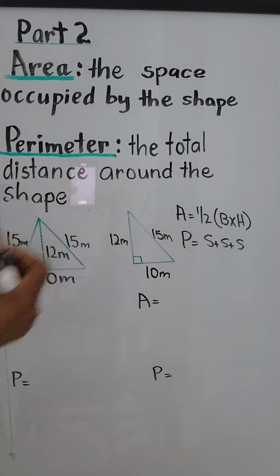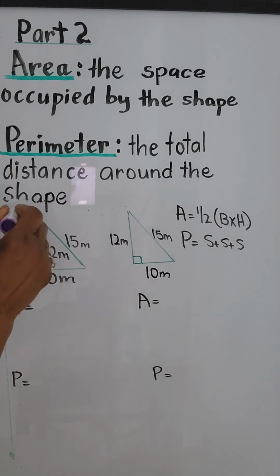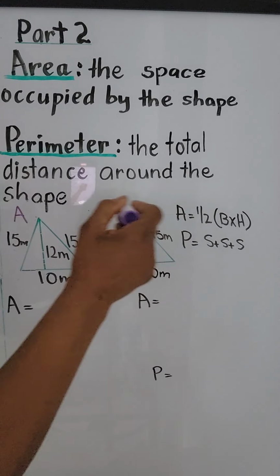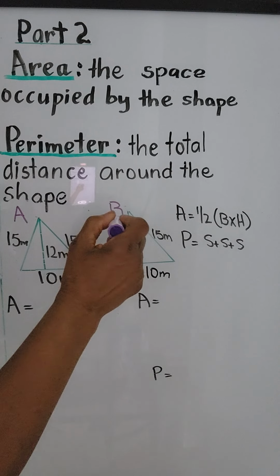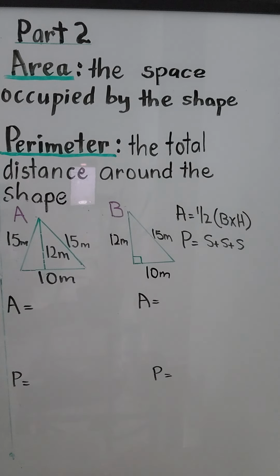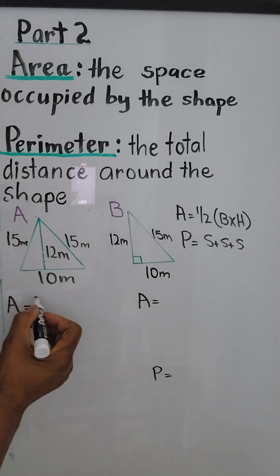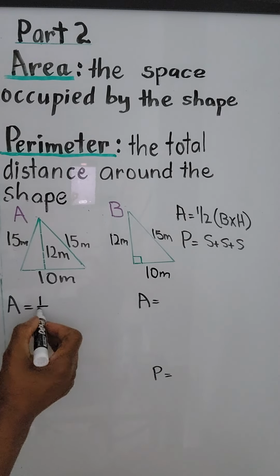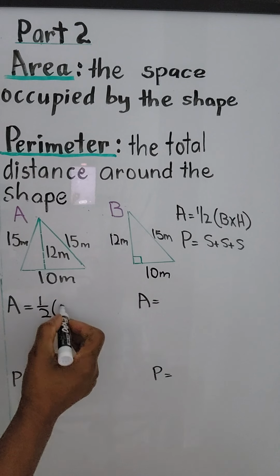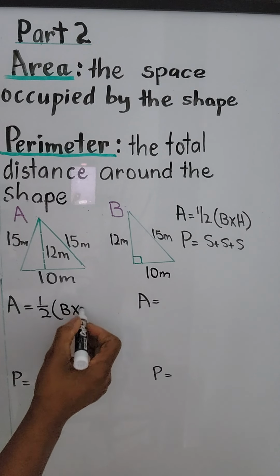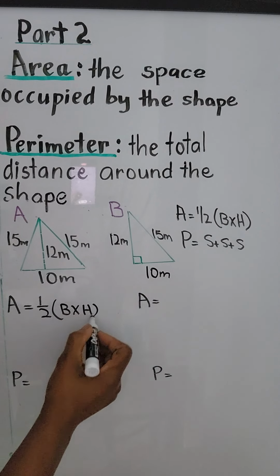So let's start with triangle A, and we have triangle B. So area equals half base times height.